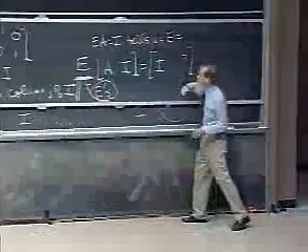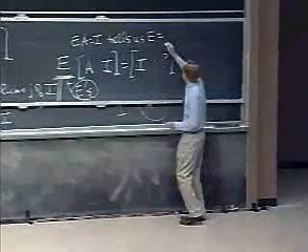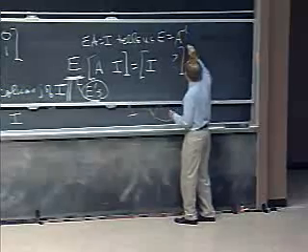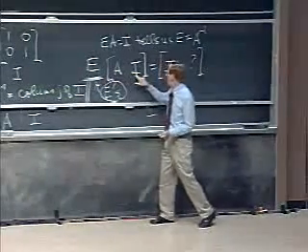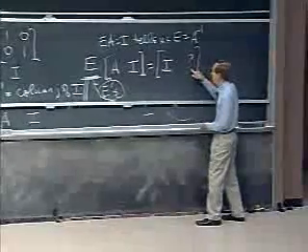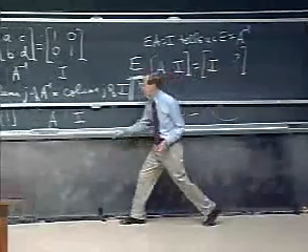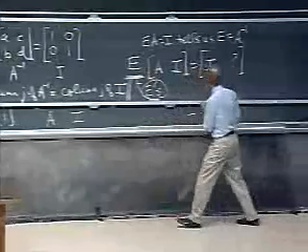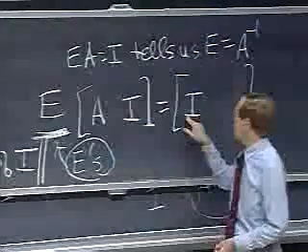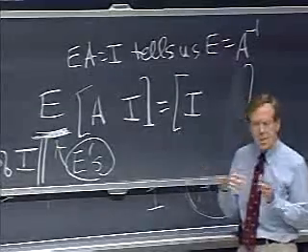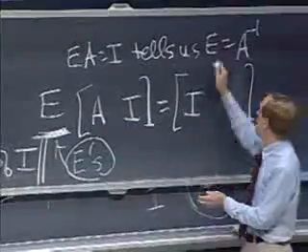Namely, it's the inverse of A. Great. And therefore, when the second half, when E multiplies I, it's E, but that's A inverse. You see the picture looking that way? E times A is the identity. It tells us what E has to be. It has to be the inverse.